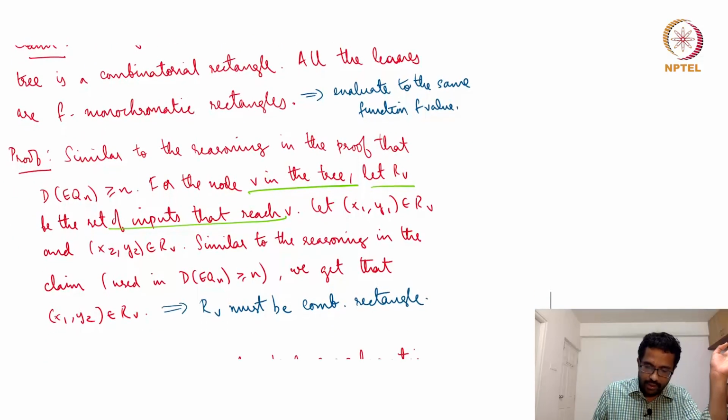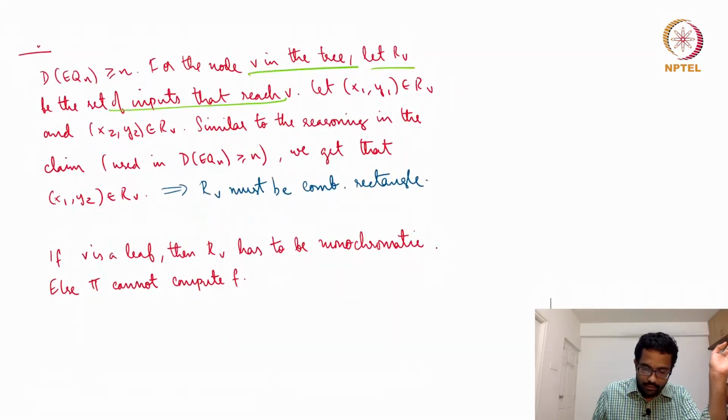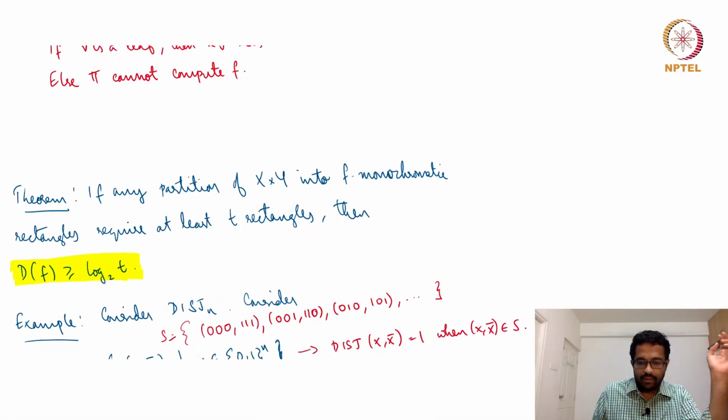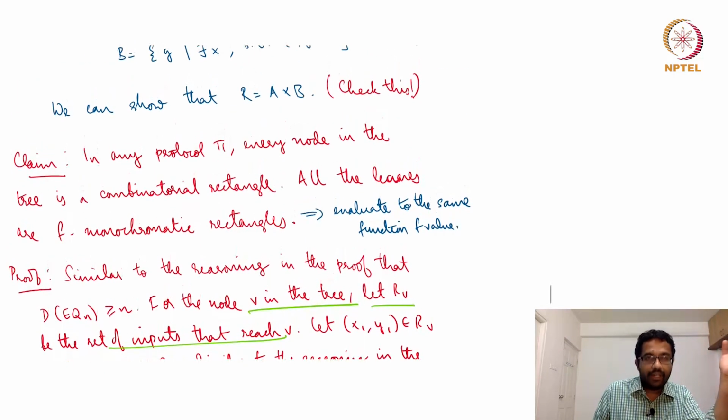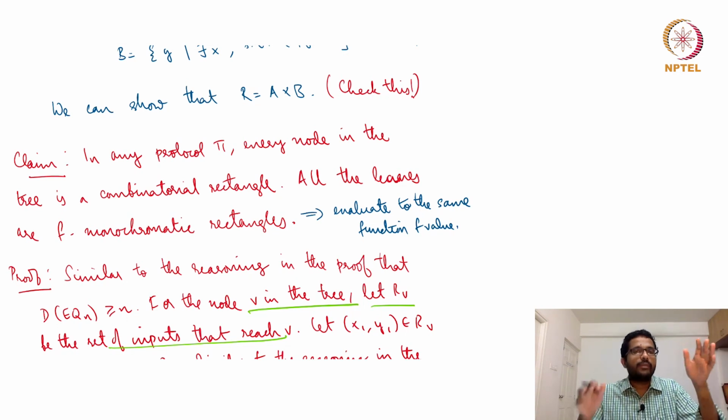And we use that to show the following theorem. We saw that in any protocol tree every node is a combinatorial rectangle, and further all the leaves are F monochromatic combinatorial rectangles. F monochromatic means in those rectangles the F values are all zeros or all ones.